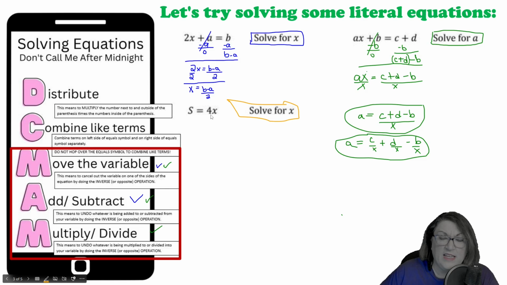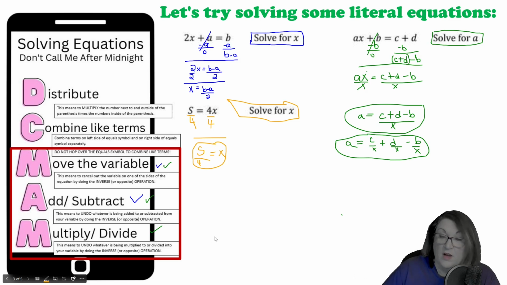And this one's kind of easy because the only thing we have to get rid of is the 4 because we want to isolate our x. So we just have to divide by 4 on both sides. And since we don't know what s is equal to, our answer is just going to be s divided by 4 is equal to x. S divided by 4 equals x.